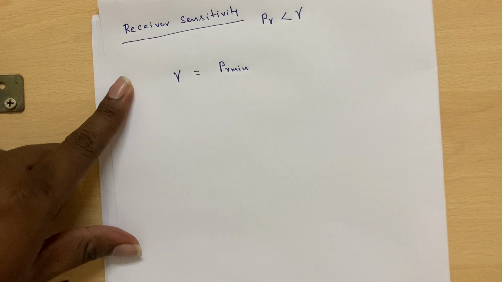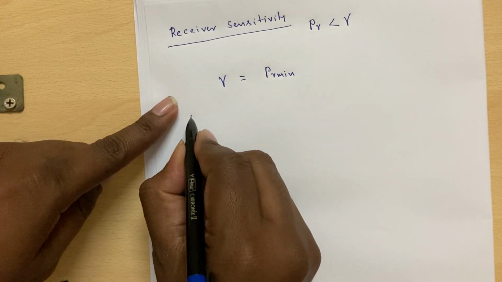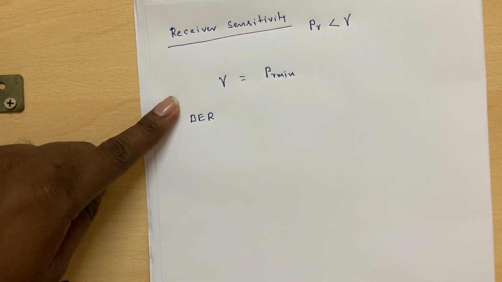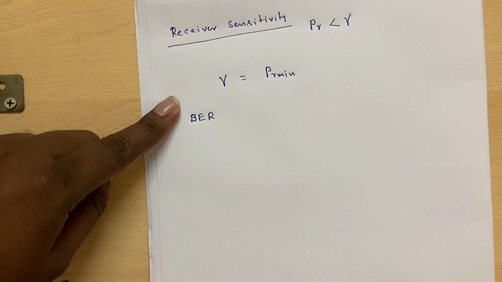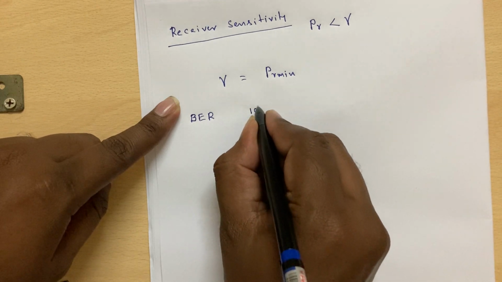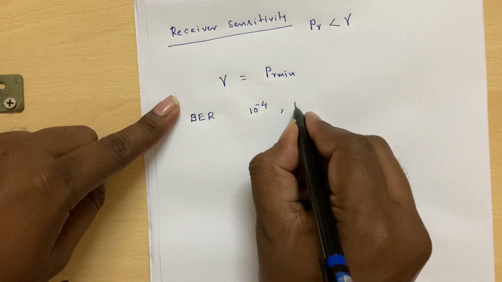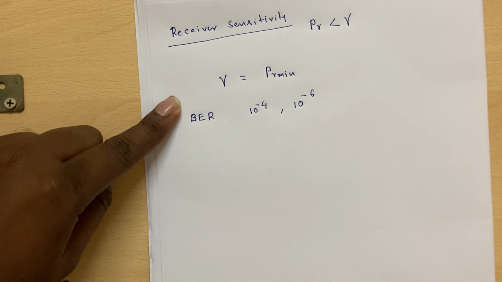What the minimum required power should be depends, because we use digital communication, on the maximum bit error rate the communication can tolerate. Sometimes 10 power minus 4 bit error rate may be tolerable, or it needs to be at least 10 power minus 6 to be considered tolerable. That depends on the service.